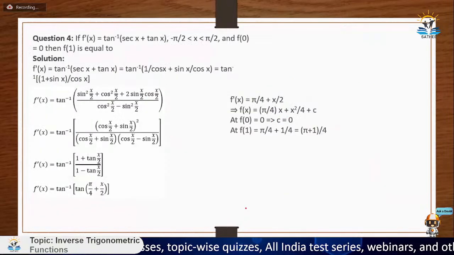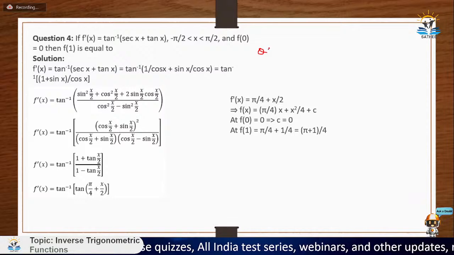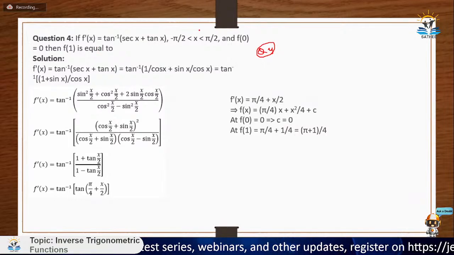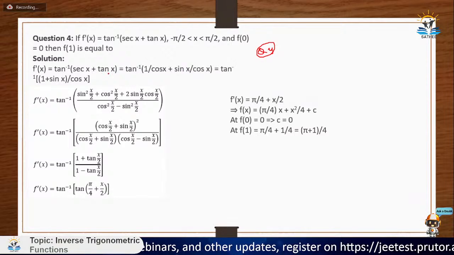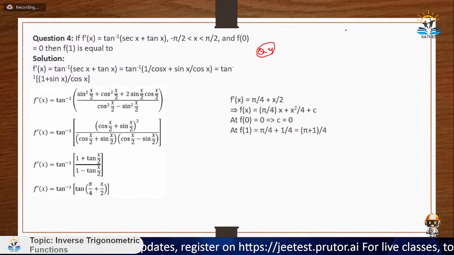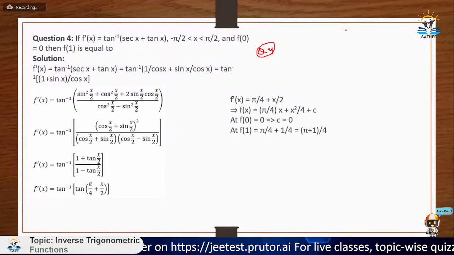Okay, so moving on to question number 4. F dash x is given and you are asked to calculate the value of f1. So firstly, I told you earlier when we were studying trigonometric functions, whenever any trigonometric function is given to you, try to change it into sine and cos.